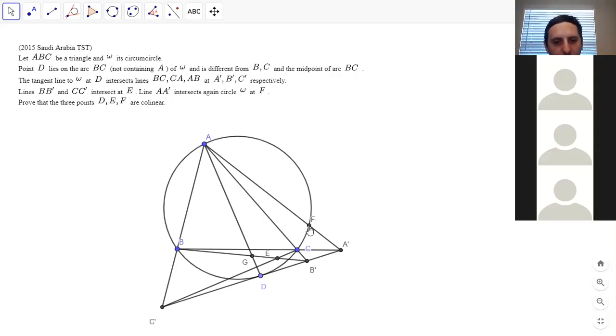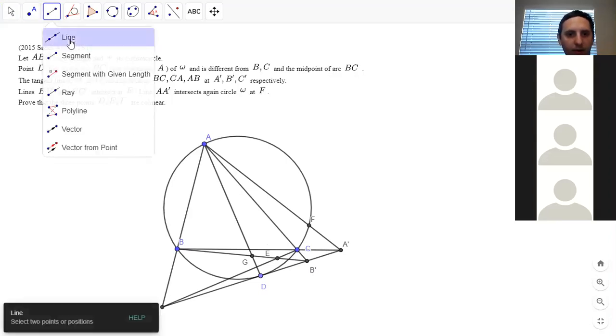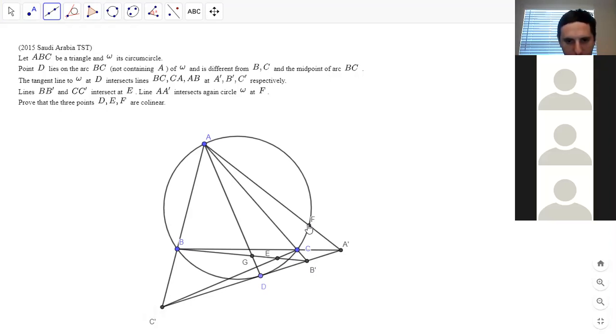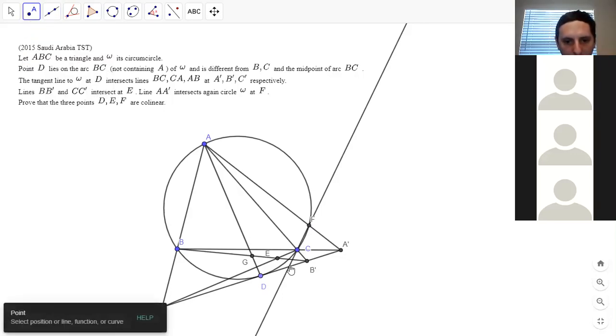Is there something else I can project that quadrilateral ABDF through? Maybe through C. Through C, yeah. So it's just where F would go, then we would get this point.